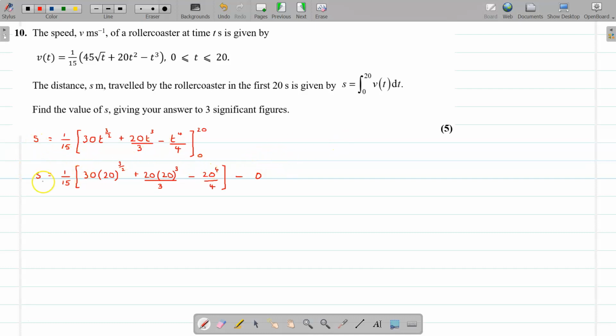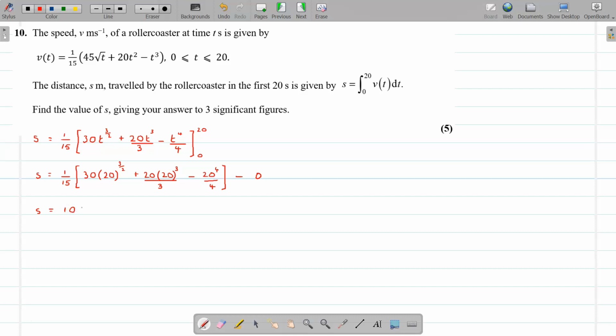And then we just have to evaluate that on the calculator. Now, I suppose at this stage we've probably got sufficient working to do that. So if you carefully put that in the calculator as it is, you could put another line in if you wanted to, but I'm just going to go straight to the calculator answer.